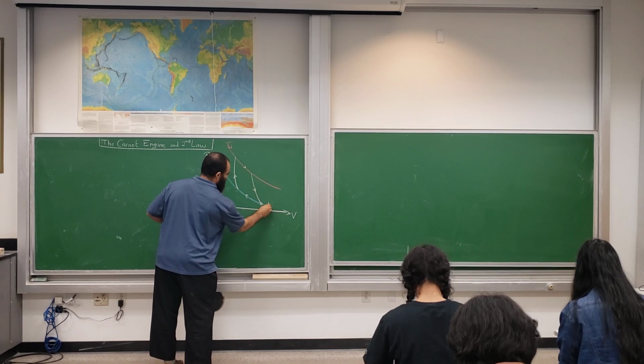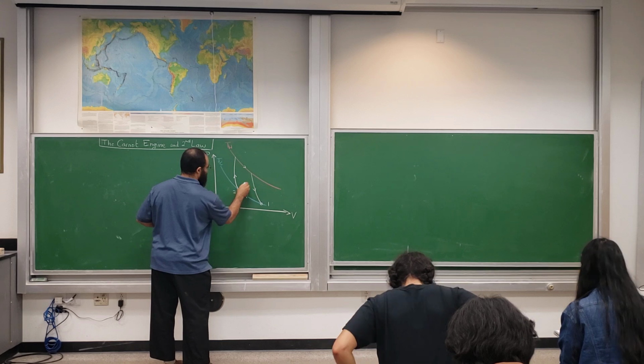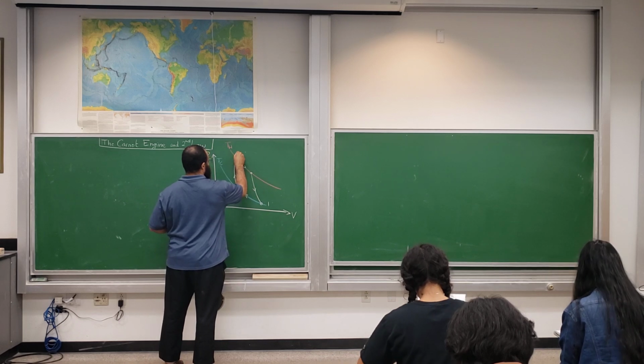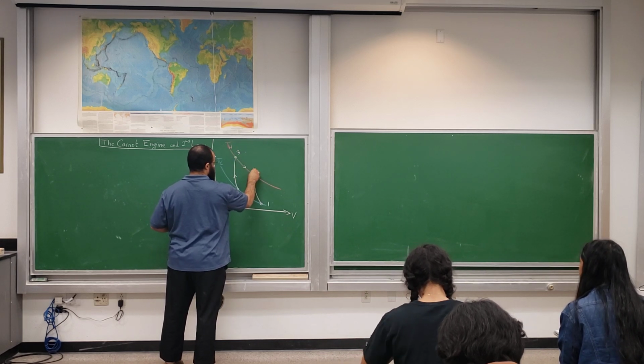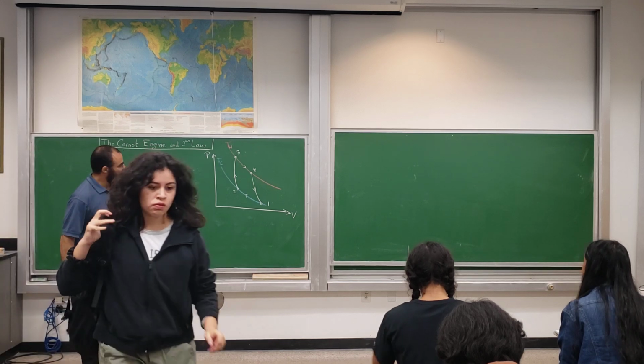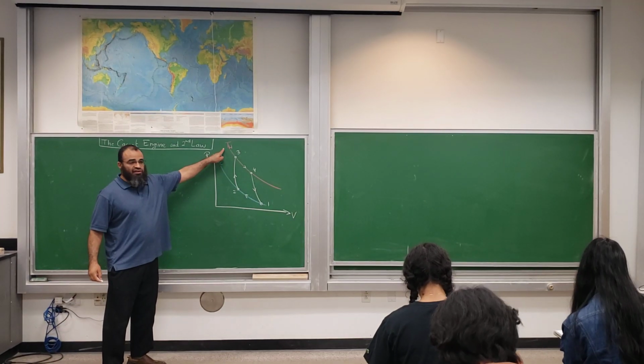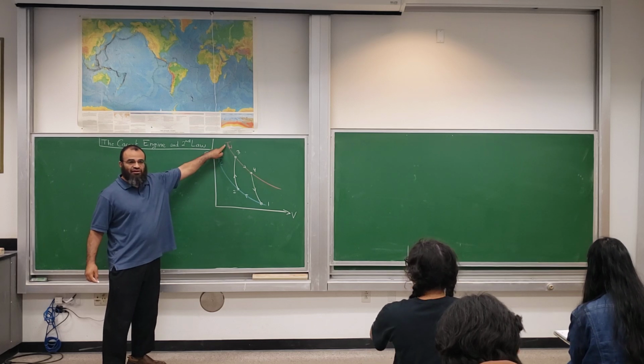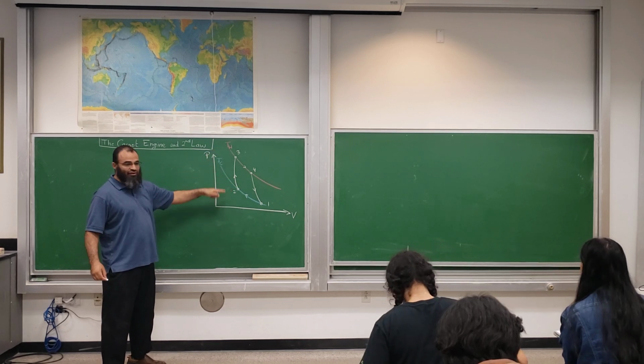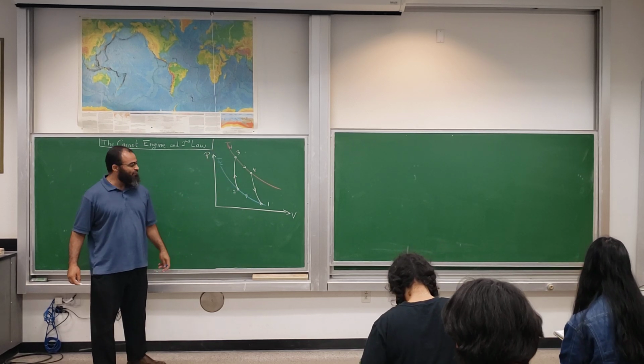This is state 1, this is state 2, this is state 3, this is state 4. Those are the 4 states. And we're given the temperature here is TC, and here it's T hot. T cold, T hot, right? The red one is hot, the blue one is cold, okay?